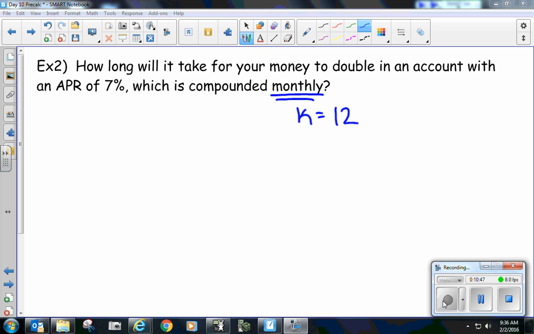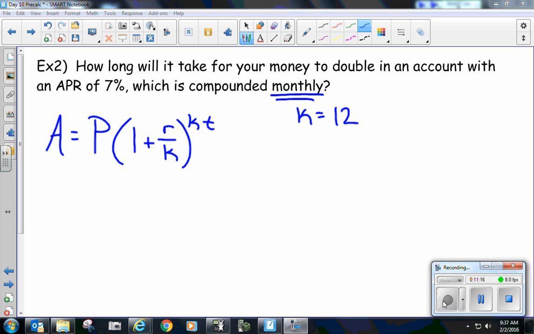Well, if it's monthly, it's 12 times a year. Once you know that, we are going to go with A equals P times 1 plus R over K to the KT. We still have an initial value. We still have a rate and time. But now it's just K. Okay, these are all values that we're just plugging in. You want to know how long will it take for your money to double?